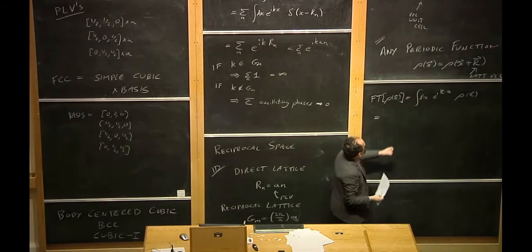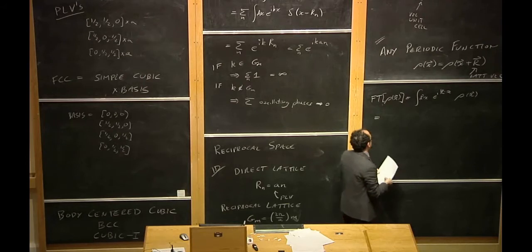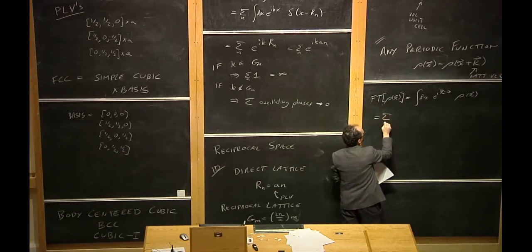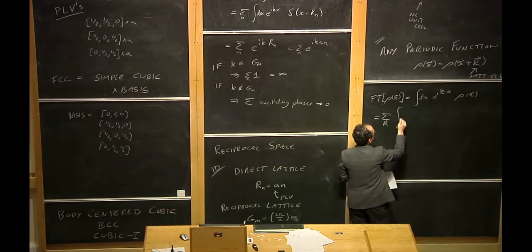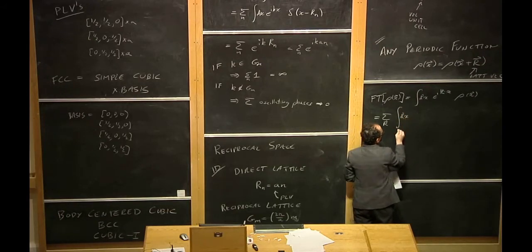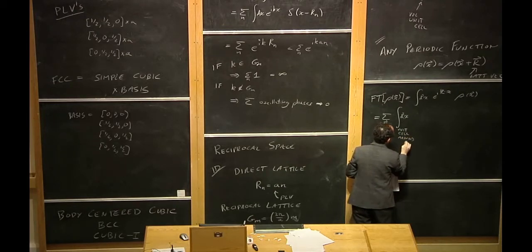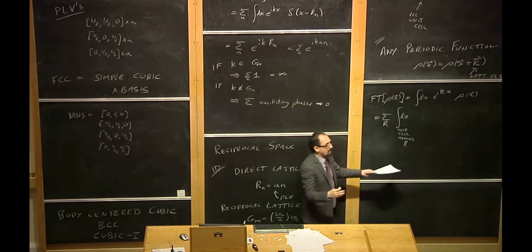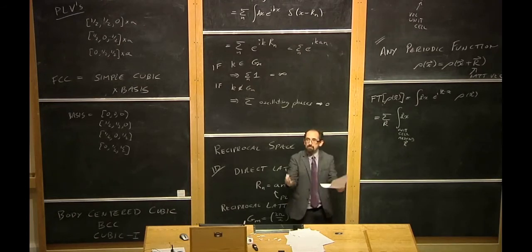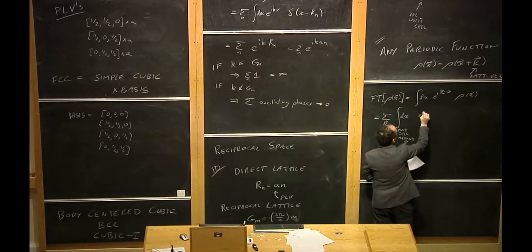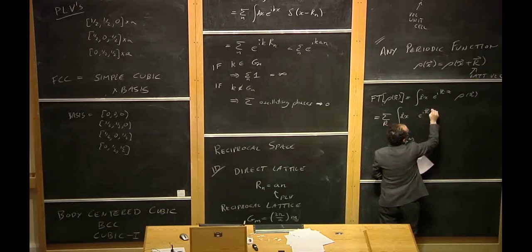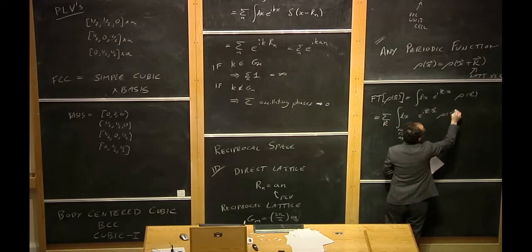I'm going to take that integral over all space and write it as a sum over all lattice vectors r, then the integral d3x over the unit cell, maybe the Wigner-Seitz unit cell around r. So I'm just breaking up that integral over all space into pieces, each piece being over the Wigner-Seitz cell around the position r, of e to the i k dot x rho of x.